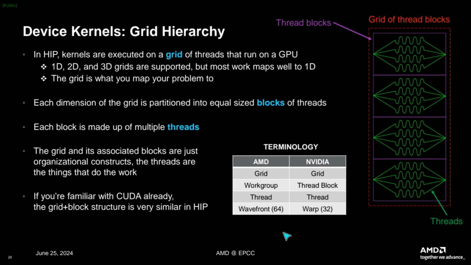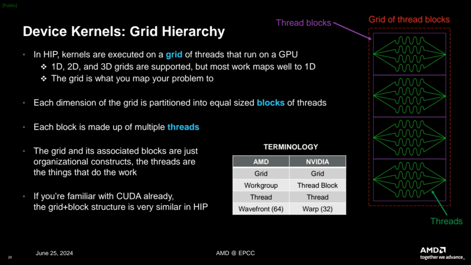So this grid is composed of equally sized blocks of threads that in AMD terminology are called work groups. And each block is made up of several threads. Something to be aware of is that the terminology between AMD and NVIDIA is not exactly the same, also for some technical details.